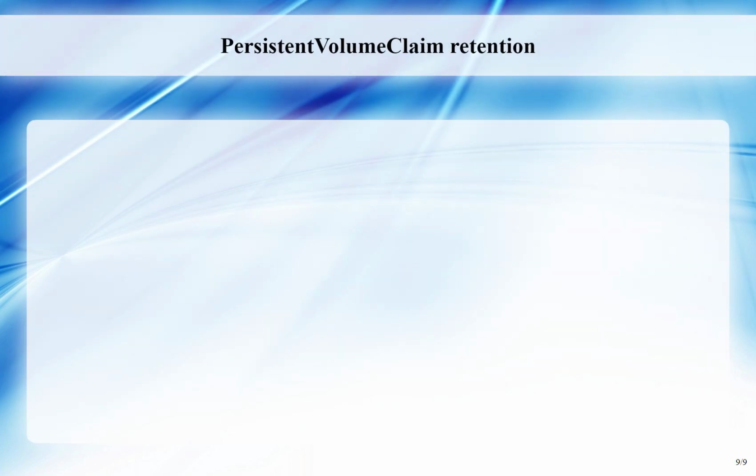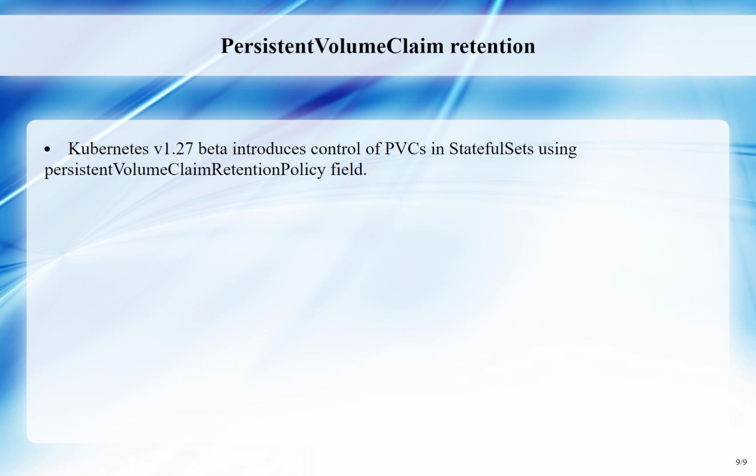Persistent volume claim retention. The new feature in Kubernetes v1.27 beta allows for the control of persistent volume claims, PVCs, in StatefulSets through the .spec.persistentVolumeClaimRetentionPolicy field. This feature requires enabling the StatefulSetAutoDeletePVC feature gate on the API server and controller manager.